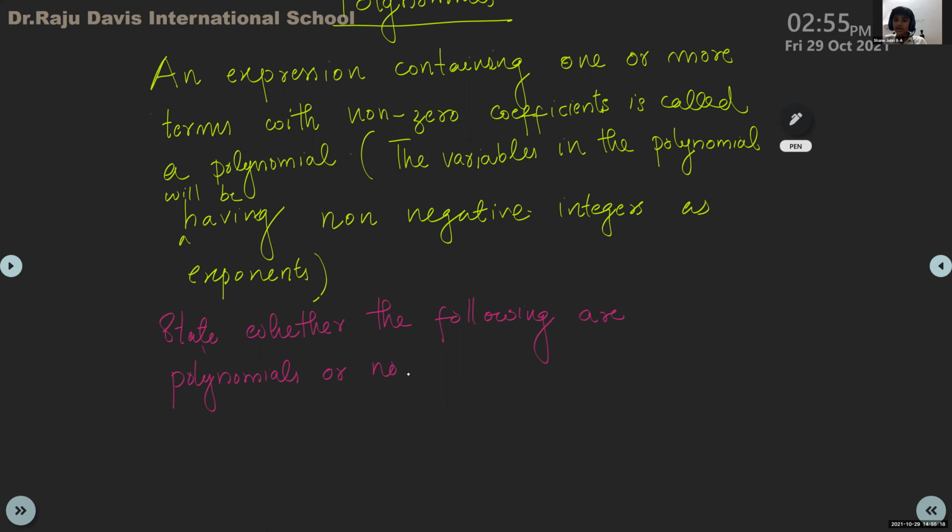Will you write this heading? Okay, let us go. I'll give you the question when we reach there. Come. State whether the following are polynomials or not.